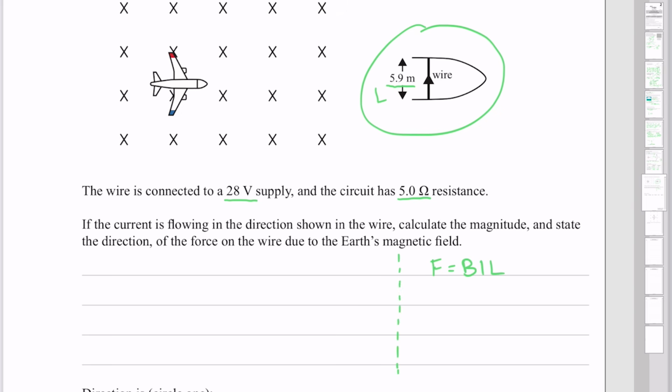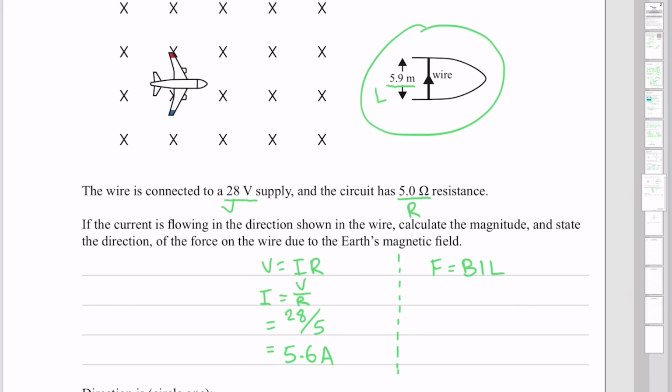Although we don't know what the current is, we do know the voltage and the resistance. We know that V equals IR, which means that I is equal to V over R. Putting in our numbers, that gives me 5.6 amps.